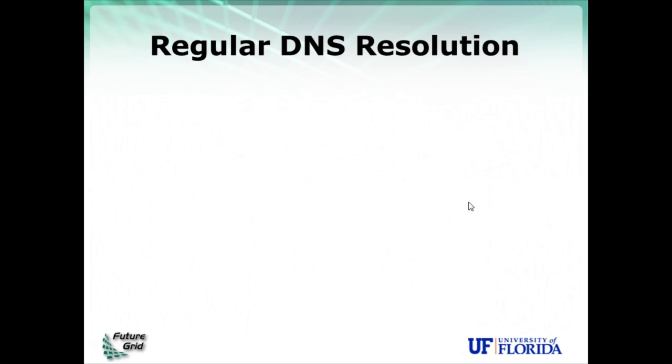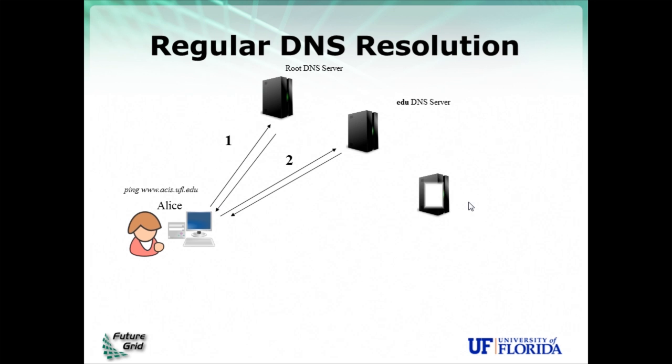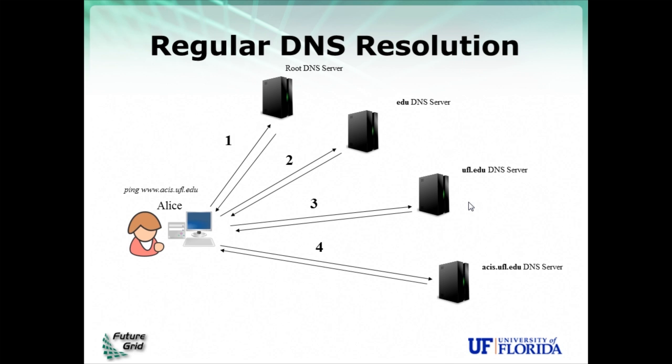So in the regular internet, what you have is Alice tries to access a resource, and that name is resolved through a multi-step process. So in theory, you would go to a root DNS server and then go to the levels assigned in this DNS name until you get an IP address, and you resolve it and you can access through the IP layer.